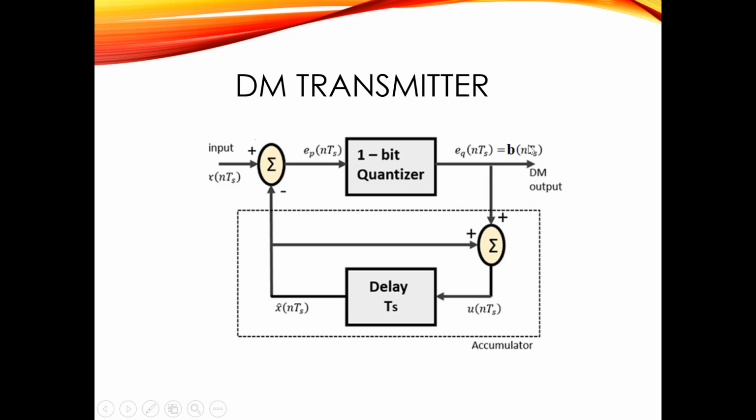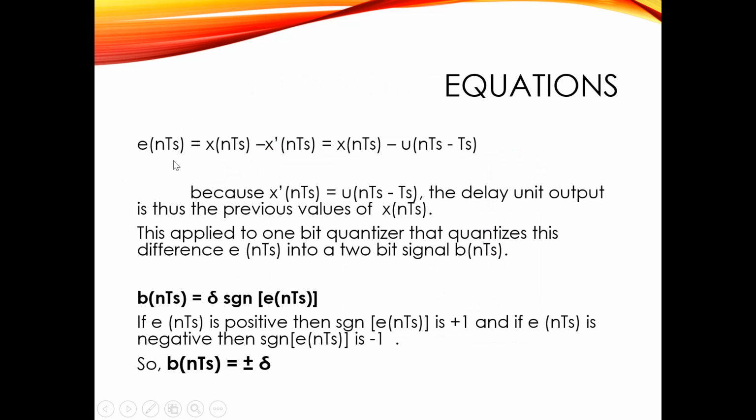We'll see how we are getting b of nTs from the expression. Here, e of nTs is equal to x of nTs minus x cap or x dash of nTs, that is equal to x of nTs minus u of nTs minus Ts. You can find that this approximated signal is nothing but the delay unit output, that is u of nTs minus Ts, thus the previous value of x of nTs.